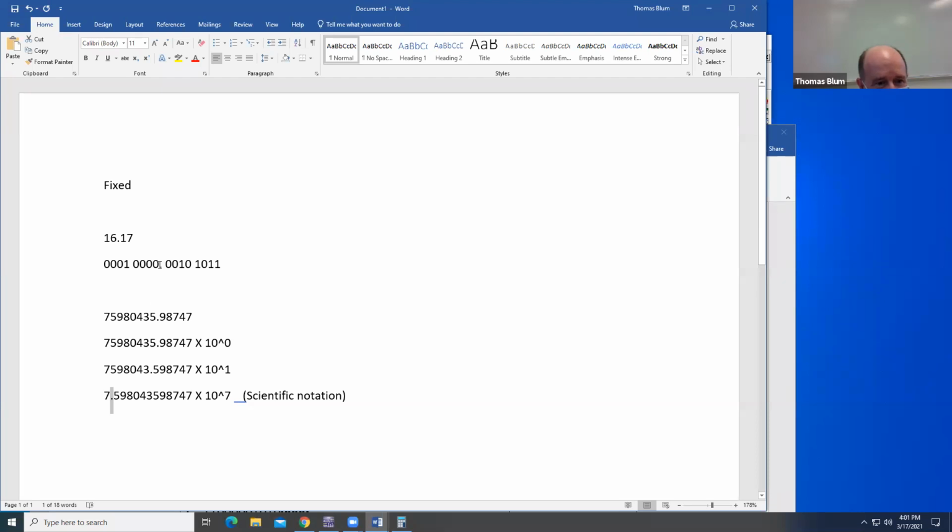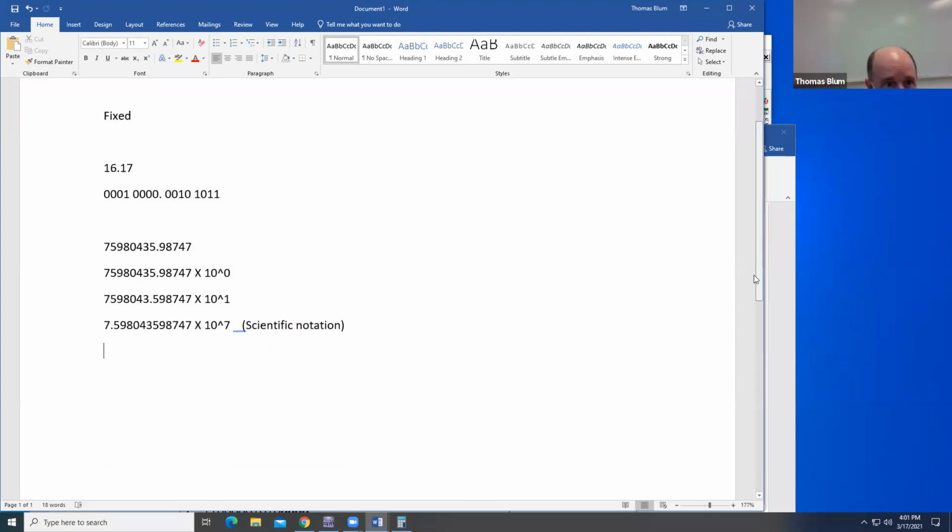So the dot that we have here gets moved here. So that's 1, 2, 3, 4 places. To move that dot 4 places, we would have to multiply by 2 to the 4. So let me come back to this example. Scroll down a bit.